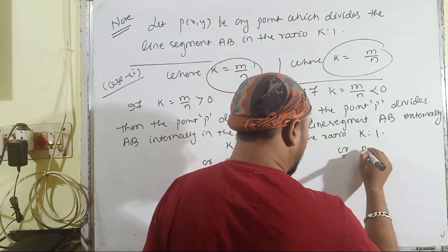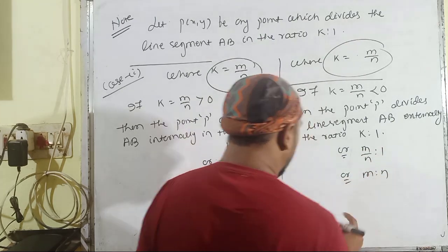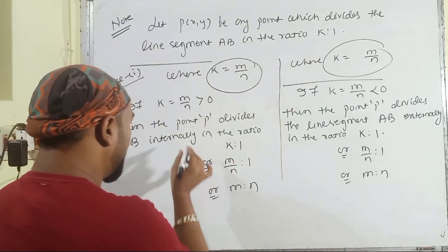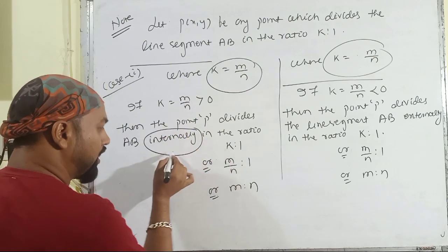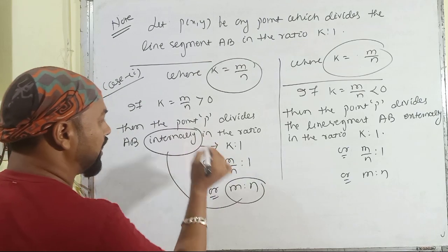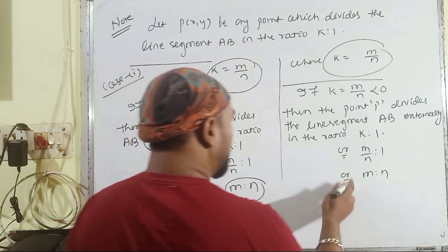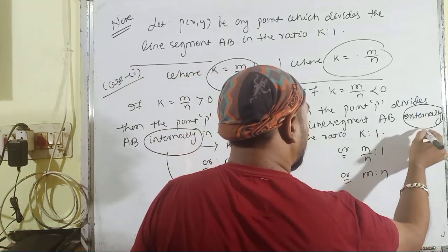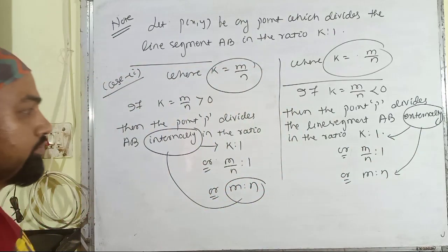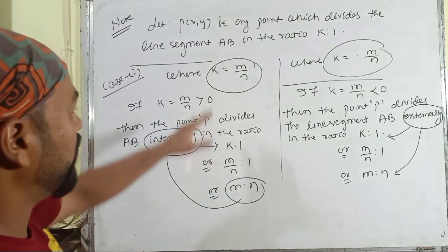In place of k is to 1 you can write m upon n is to 1, or m is to n. But the basic difference between the two cases is here. Internally in the ratio m is to n, or k is to 1. Here externally in the ratio m is to n, or k is to 1. So the difference is in the value of k.